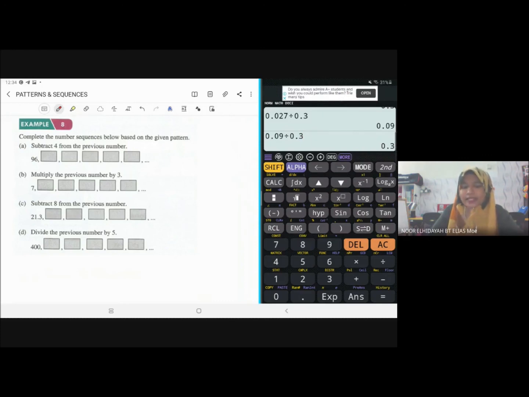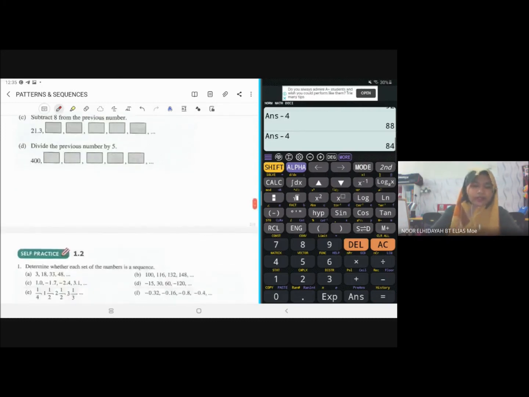Sebab dia dah bagi pattern, you have to complete the number sequence. Pattern dia apa? Untuk A tu subtract 4 from the previous number. Kacang goreng saja, senang saja. Bila dia dah bagi pattern, you fill in the number sequence. Ikut sahaja dia punya pattern.